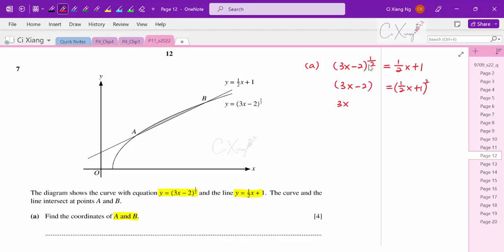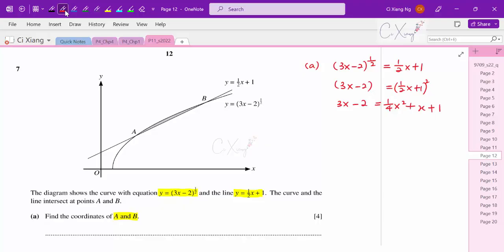Okay, so next step, expand the quadratic expression on the right hand side. I'm having 1 over 4 x squared plus x plus 1. So I expand fully the quadratic expression on the right hand side.